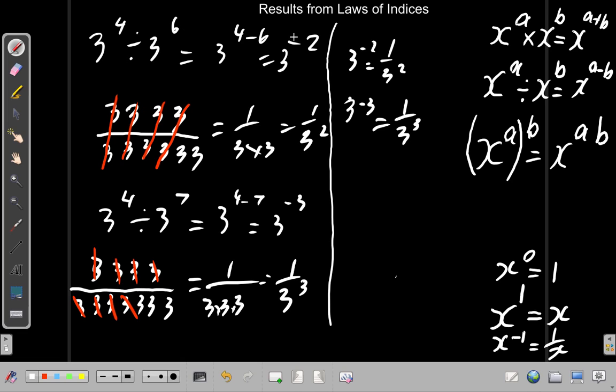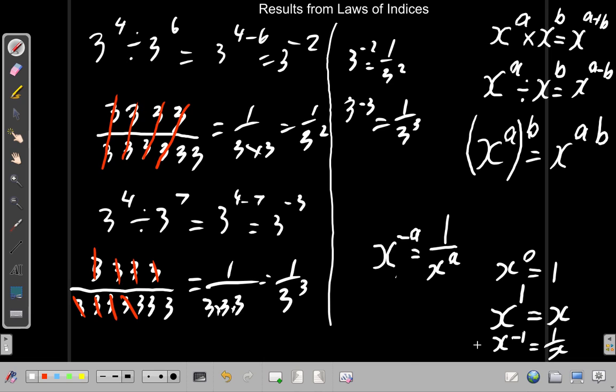So when you subtract them, you get a negative number. And you're going to find out that when you have a number, let's call it x, raised to a negative power, let's say to the negative a, you will get the same thing as 1 over x raised to the positive a. And that is another result that we get.